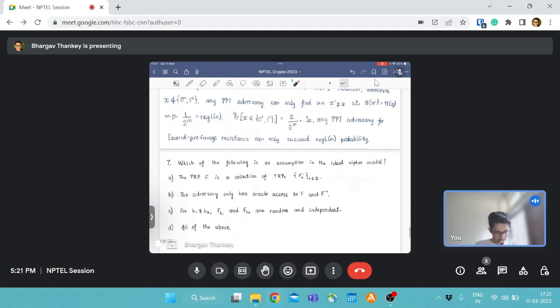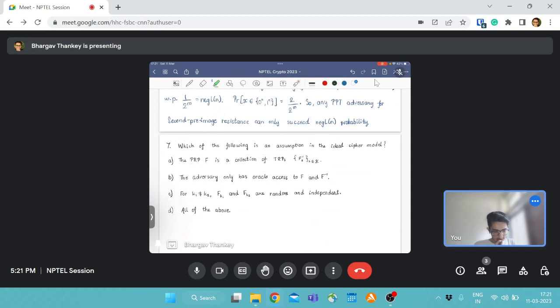Okay, so let's look at the next one now. Which of the following is an assumption in the ideal cipher model? The PRP, or I should write SPRP. F is a collection of totally random permutations F'_K, where K can be anything from the key space.